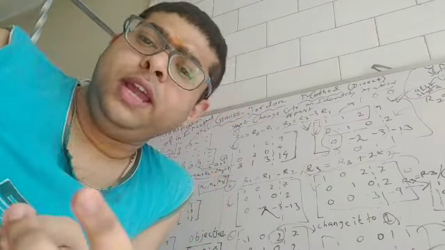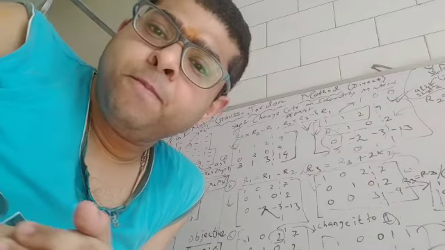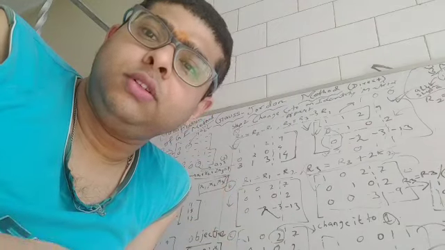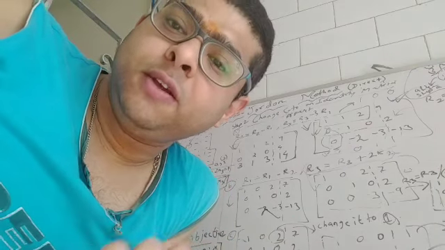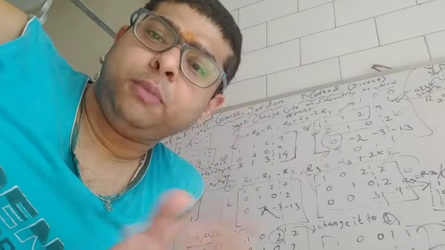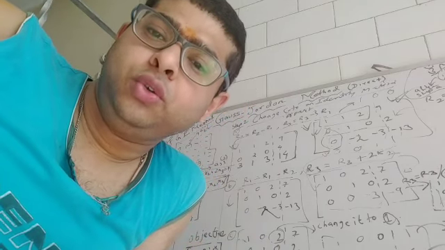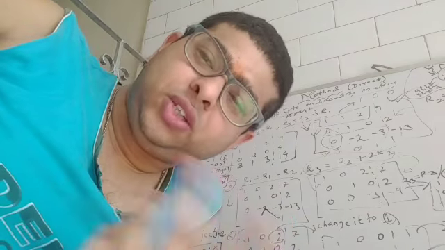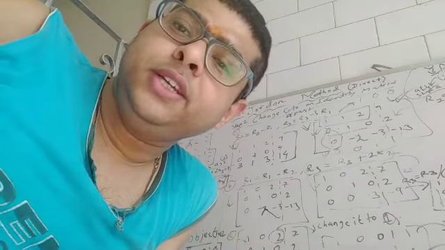Then you will get some values of x, and you need to divide by that multiplier, whatever remains in the diagonal elements. Suppose in the diagonal elements, if it remains 2, then if you want to find the values of x1, x2 and x3, you need to divide them by 2.